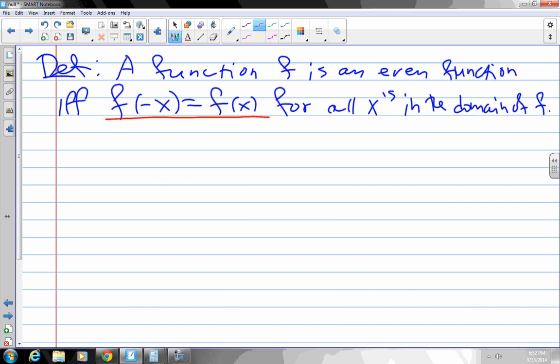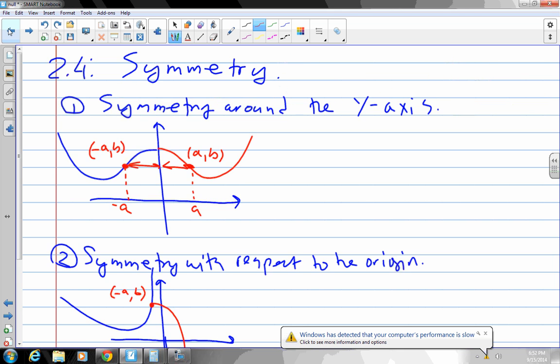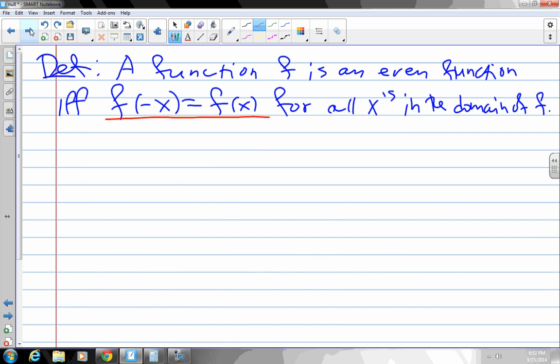So this little line, f of negative x equals f of x, suggests that it doesn't matter whether x is positive or negative, the values of the function are the same. So it doesn't matter if it's f of negative 5 or f of 5, y's will be the same. So that gives you that symmetry around the y-axis. This is what I was describing here. It doesn't matter whether x is positive or negative, the values of the function will be at the same height. That's precisely what that says. Okay?